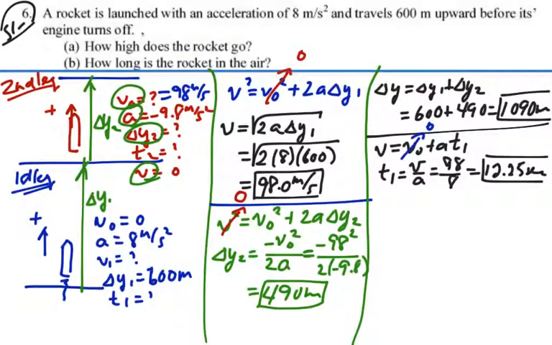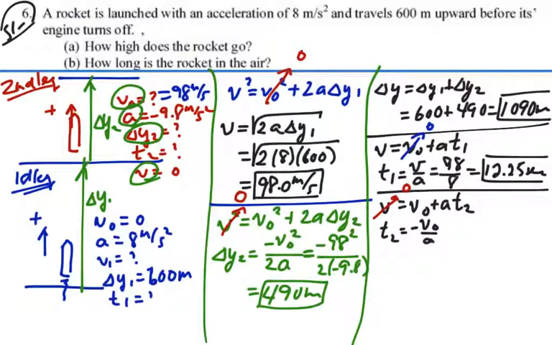And then for the second leg, we can do the same thing. Final velocity equals initial velocity plus acceleration times time 2. Our final velocity in this case is going to be 0, and our T2 is going to equal negative initial velocity divided by acceleration, which is negative 98 divided by negative 9.8, which is 10 seconds.